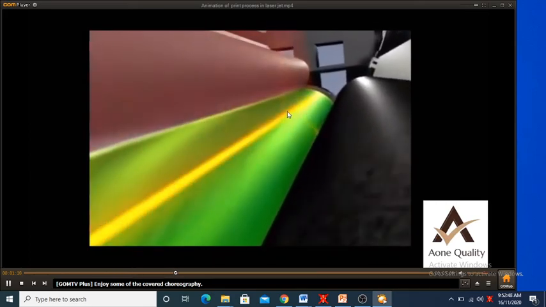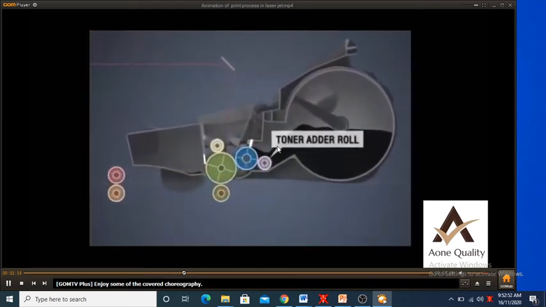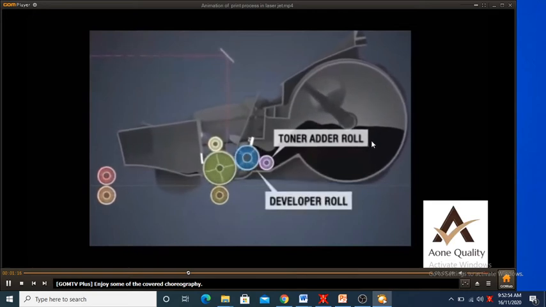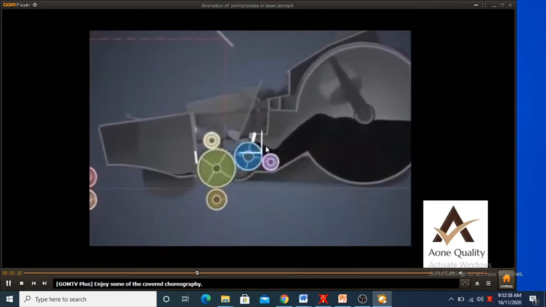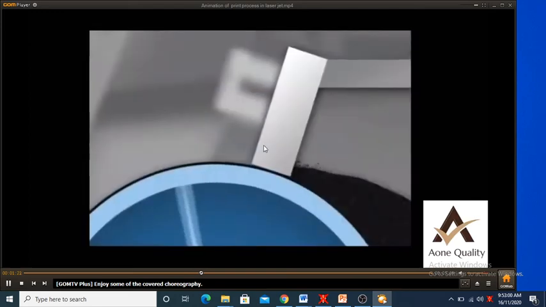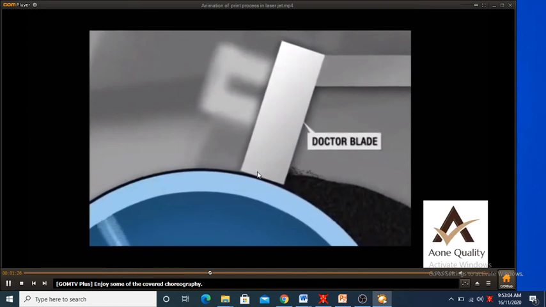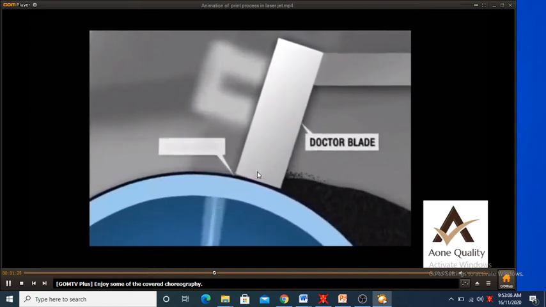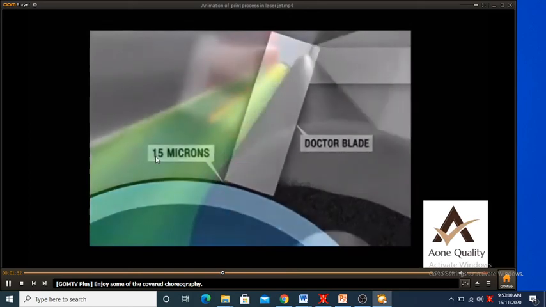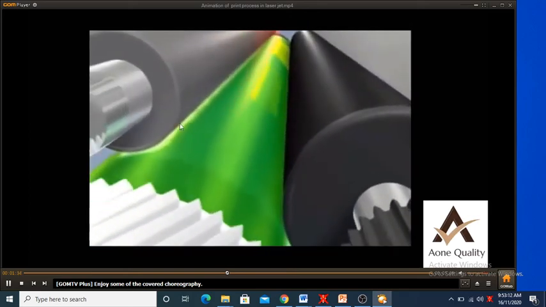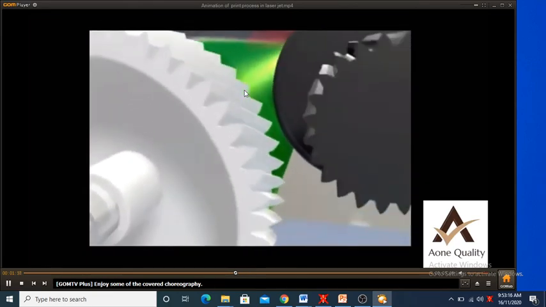This electrostatic letters or portion attracts the toner. Here we are able to see the toner fed from the developer roller. This developer roller attaches the toner onto the electrostatic portion of the photoconductor drum, or simply the drum.